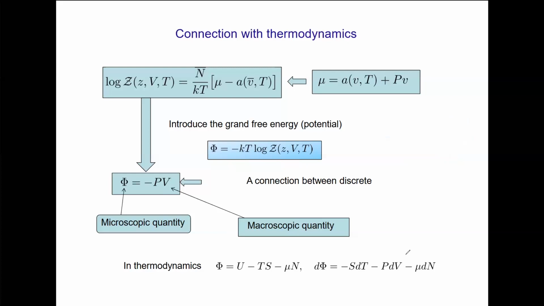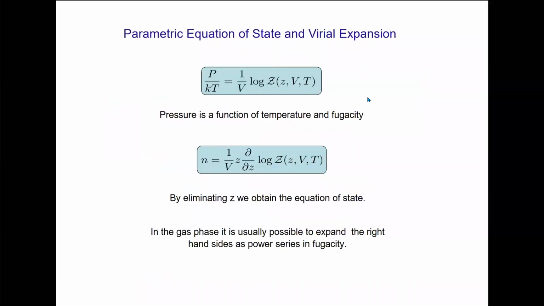This is just to remind you how the grand potential in thermodynamics is defined. But now we have for this grand potential its description in terms of the grand canonical partition function. Okay, let's go ahead.